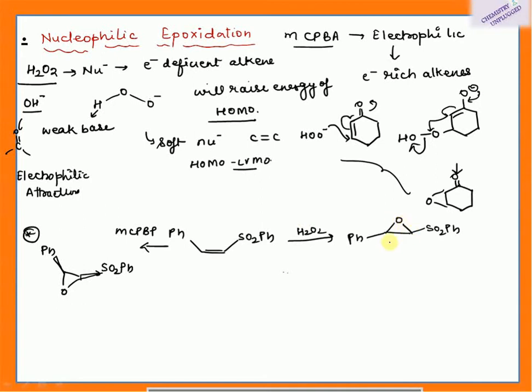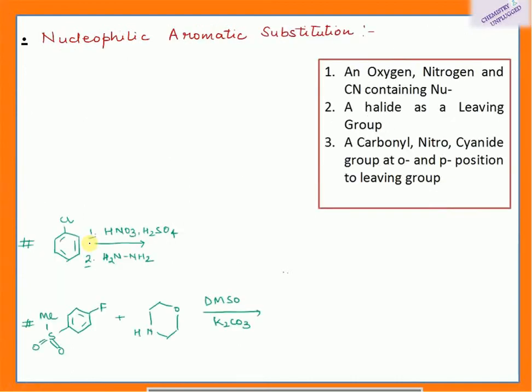So it can give me a product like this in which these two groups are on opposite sides, so it will preferentially give trans epoxides, while in the case of MCPBA these two will remain on the same side. So these two are very important points about epoxidations. Then we will take nucleophilic aromatic substitution.